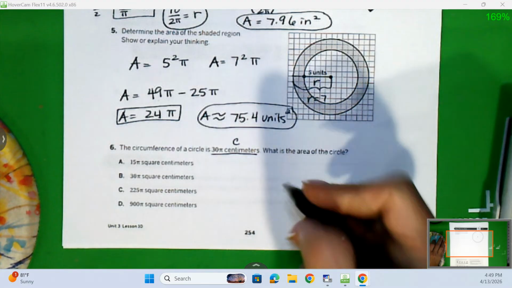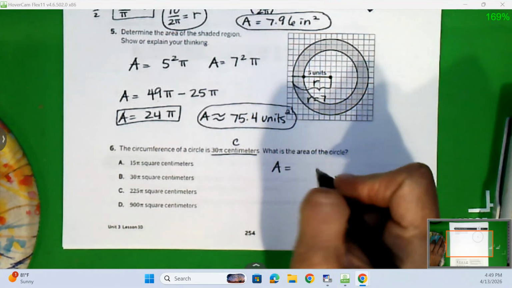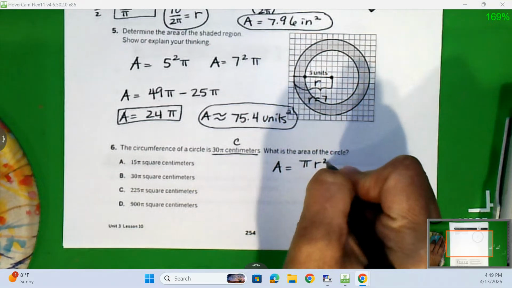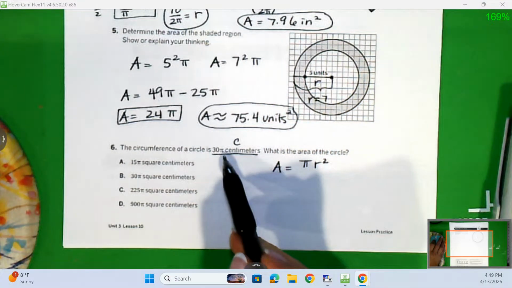So I'm going to start with area is equal to pi r squared. And we're told the circumference is 30 pi.